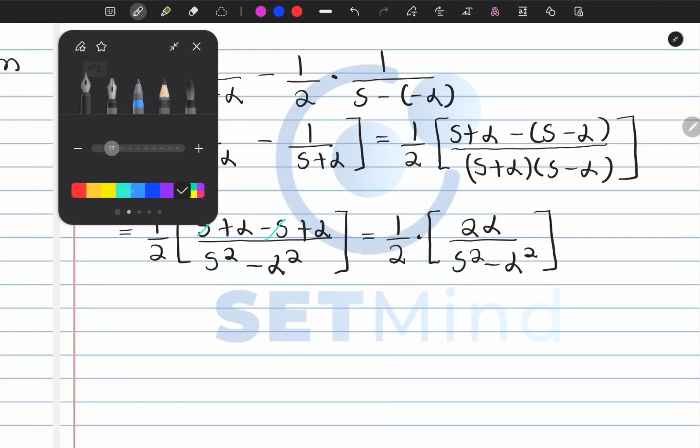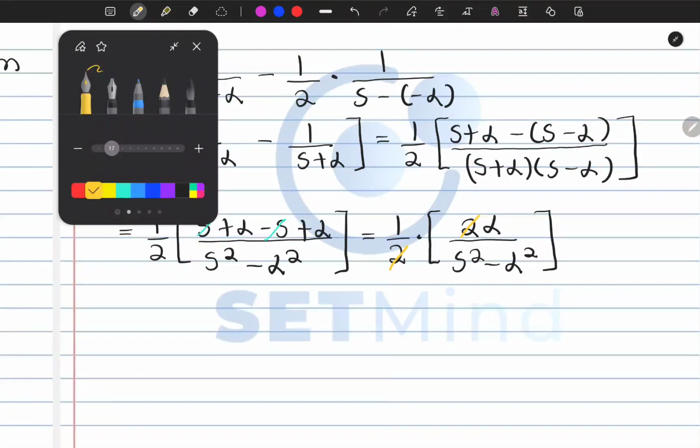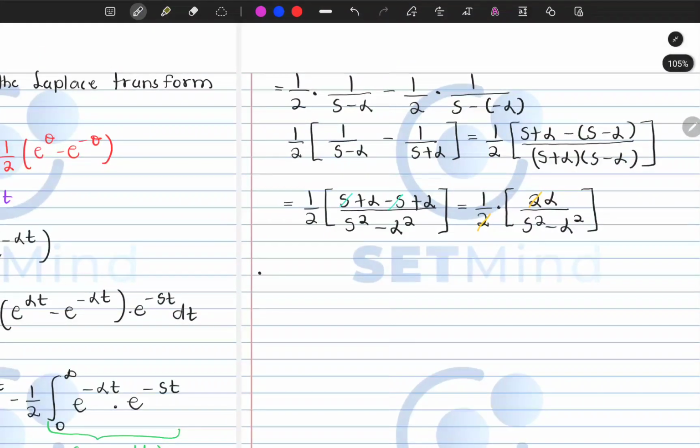We can easily cancel the 2's. So when we take the Laplace transform of hyperbolic sine of alpha t, the answer we get is alpha divided by s squared minus alpha squared.